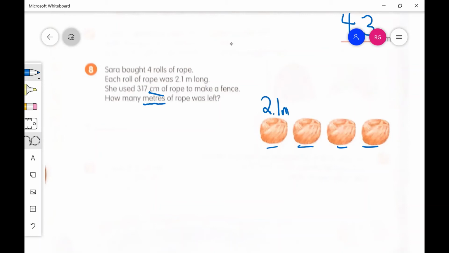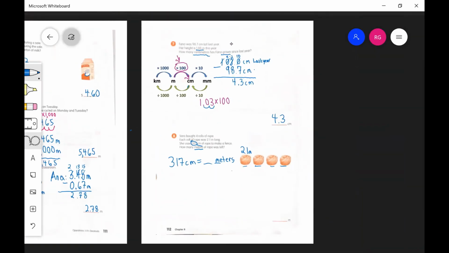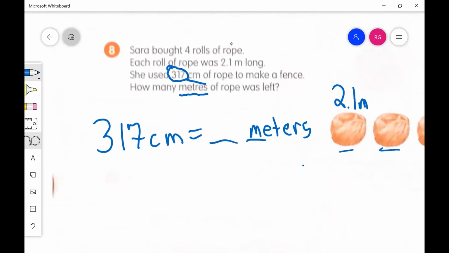So what's the first thing we do before we try to figure this out even? What do we need to do first here? Change into meters. All right, and what do you guys think there? This is how many meters there? 3.17. Yeah, 3.17 meters.